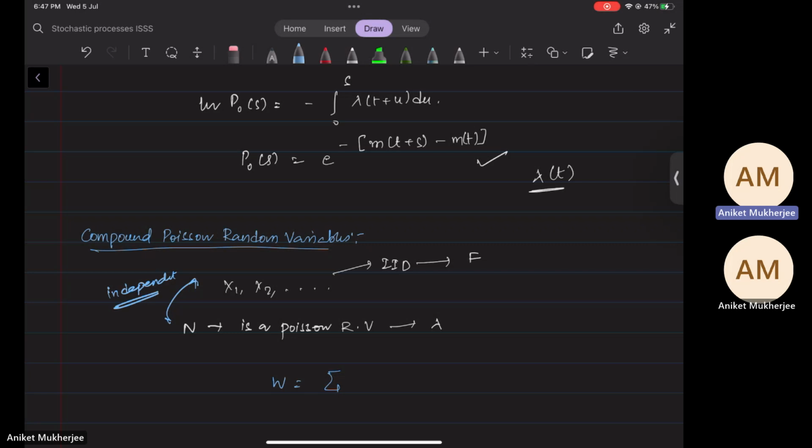You define a new random variable by adding these IID random variables, choosing a random number of them. This W is called the compound Poisson random variable.